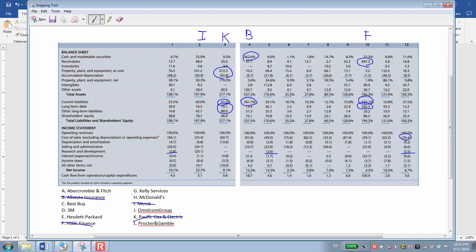So my best guess is 12 should be HP, because HP is similar to Dell, like the example of the prior question I discussed in the prior video. Its profit margin is low because HP does not add too much value to its product, so its price is usually low, and lots of discounts, right? So my best guess is 12 is HP.